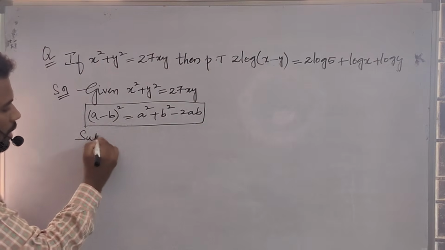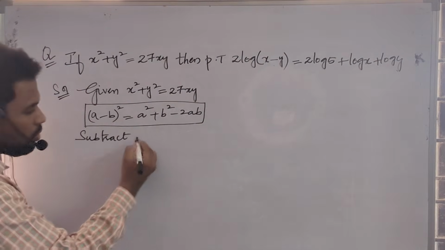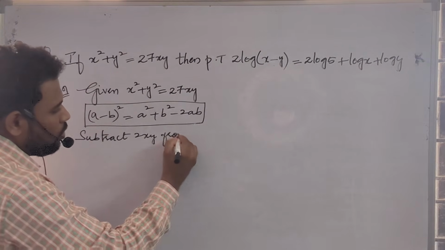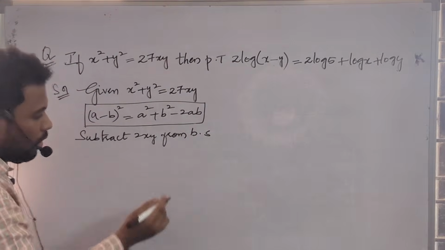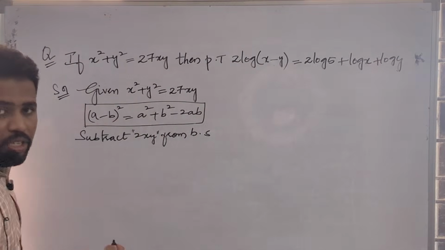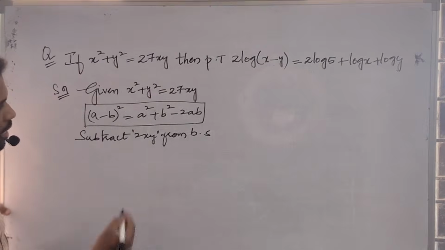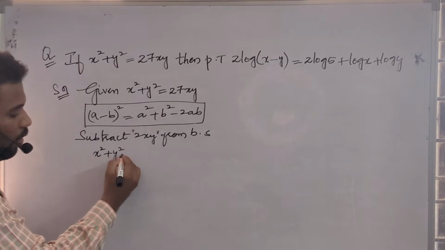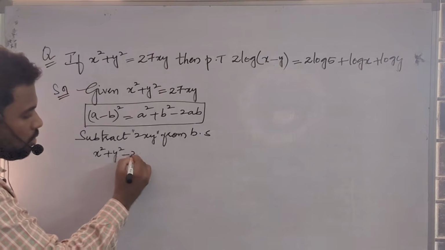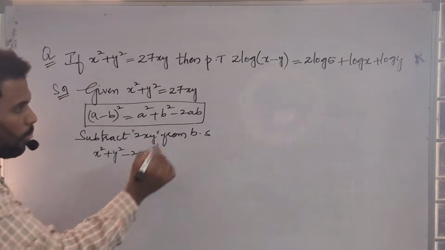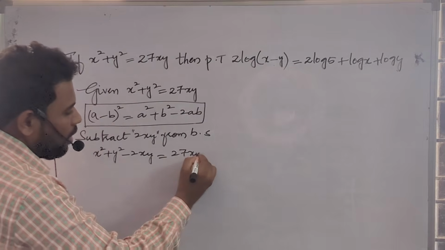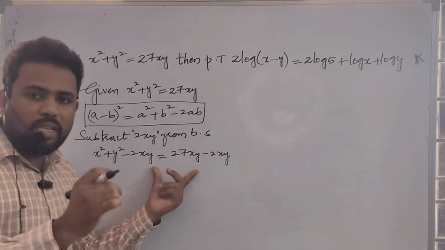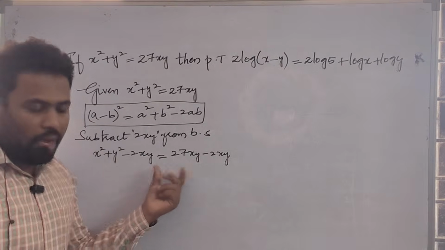On the left hand side we have x square plus y square minus 2xy, equals 27xy minus 2xy.